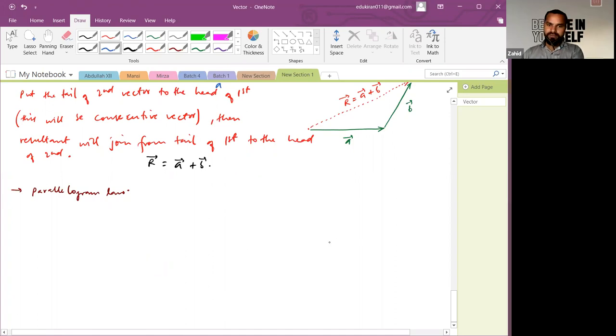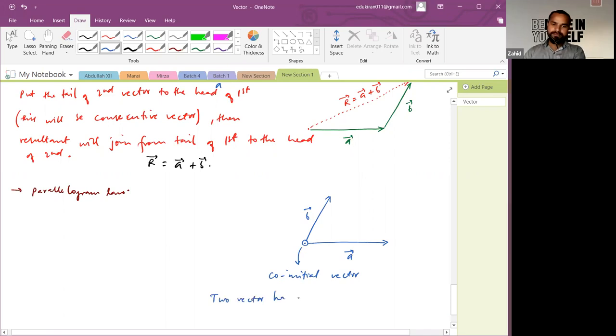Let's say the first vector is along this direction, A. Move the second vector along this path, so it will be B. Now these two vectors have the same initial point or starting point, so this will be termed as co-initial.